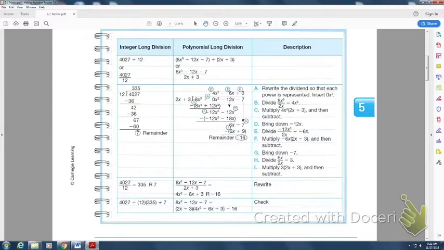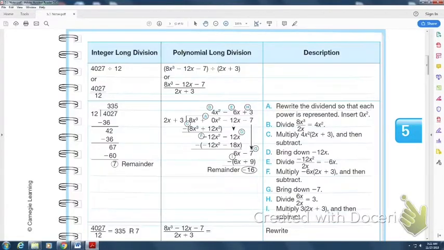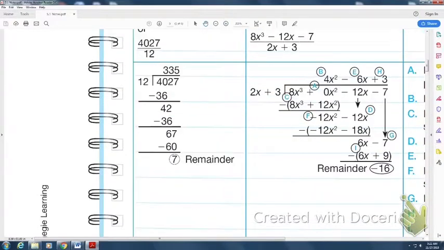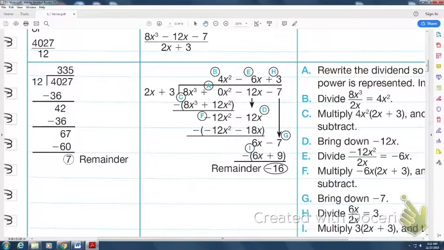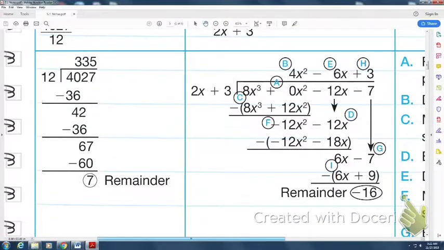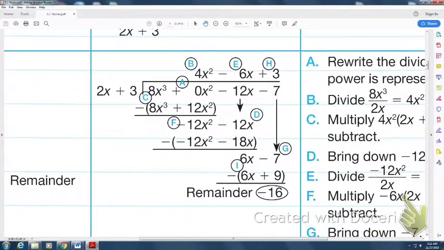Whenever you see one of these long division problems compared to just a numerical one, it's probably going to look miserable, but they're not near as hard as they look.